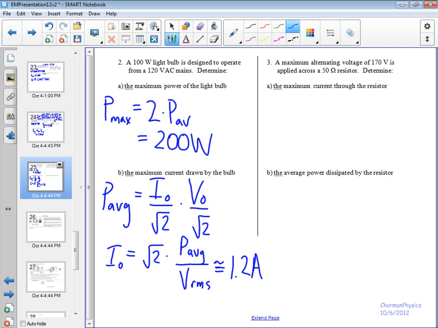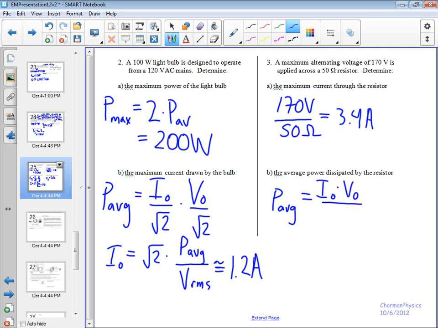For number 3, you have a maximum alternating voltage of 170 volts applied across a 50 ohm resistor. Determine the maximum current. Well, again, as long as we stick with the maximum terms here, 170 volts divided by 50 ohms will give us the max current, and that's approximately 3.4 amps. Actually, no rounding there. And the average power dissipated by the resistor, again, is max current times maximum voltage divided by 2.